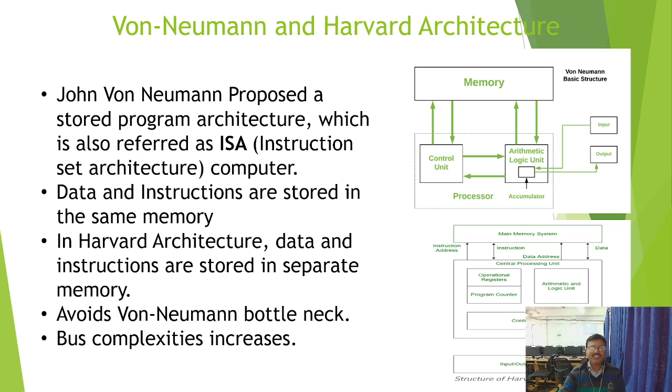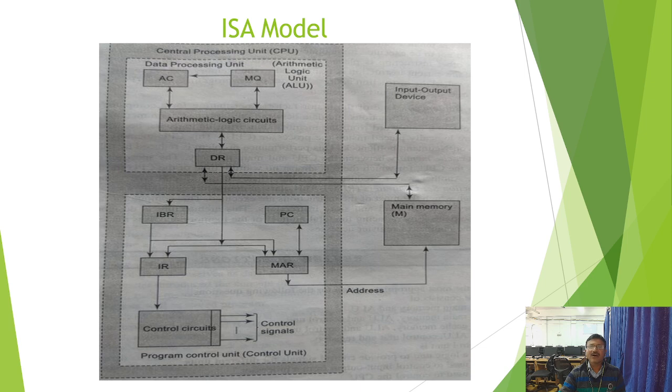With this concept, this simple architectural model is displayed in this picture, where the CPU is there. Within the CPU there are three basic portions. The first one is the ALU, that means arithmetic and logic unit.